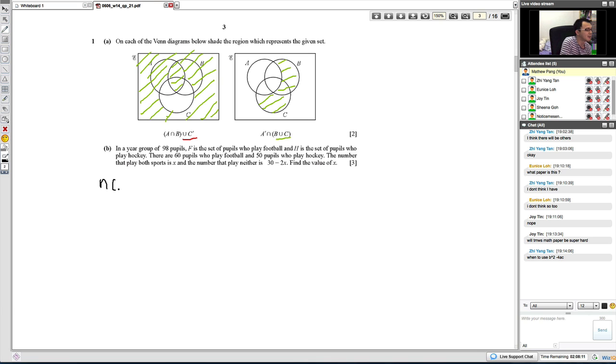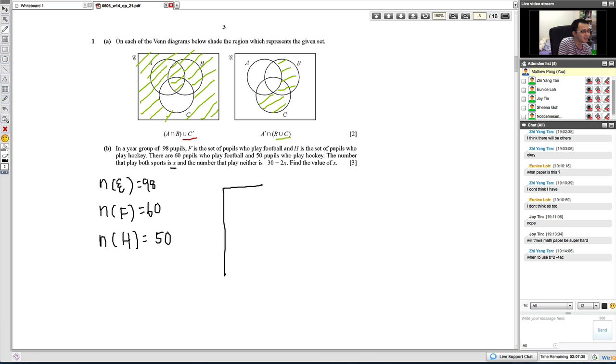The universal set, meaning the total, is 98. The number for football, F, is 60. The number who play hockey, H, is 50. The number that play both sports is x, so the intersect is x. The number that plays neither is 30 minus 2x. Find the value of x.